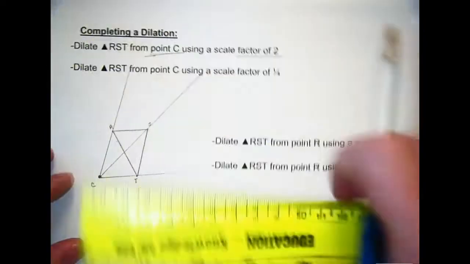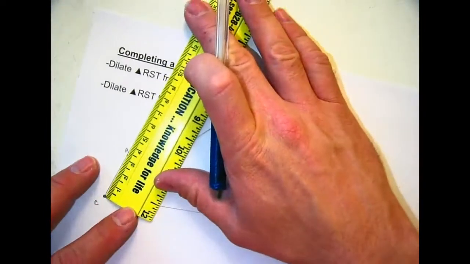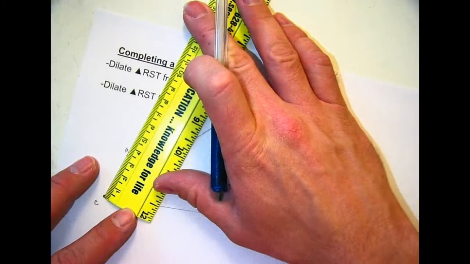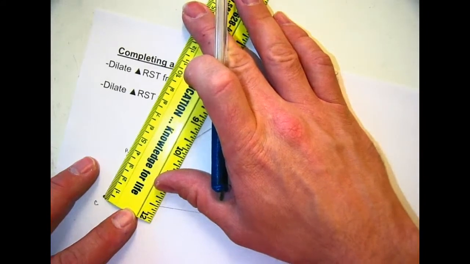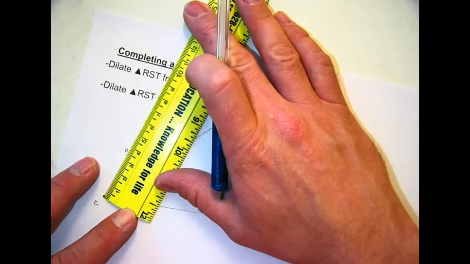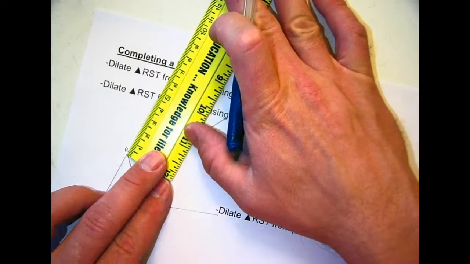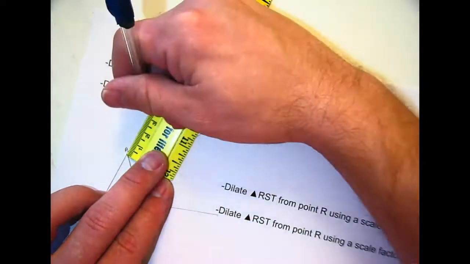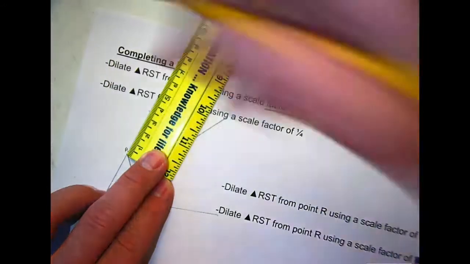So when I'm measuring that distance, and I'm going to use centimeters here, and you guys can use what you want, mine looks like it's about, from C to R, about 3.4 centimeters. Okay, so I'd have to go 3.4 centimeters, which puts me about right there-ish.